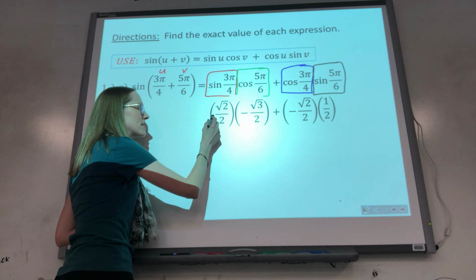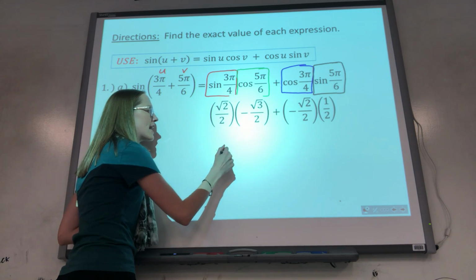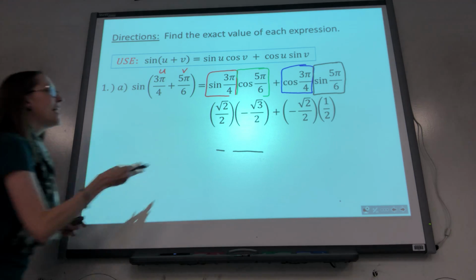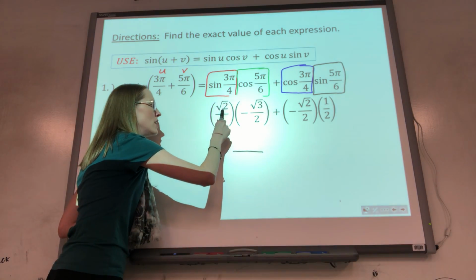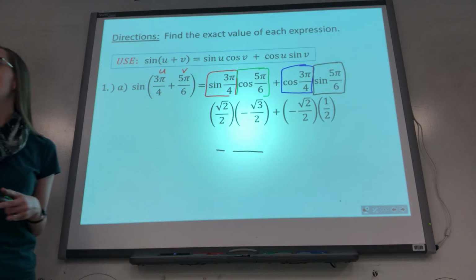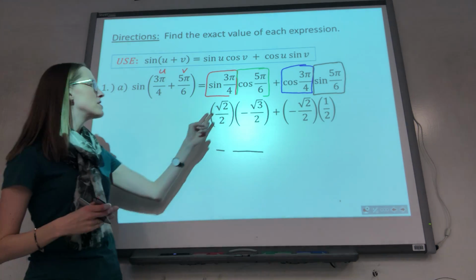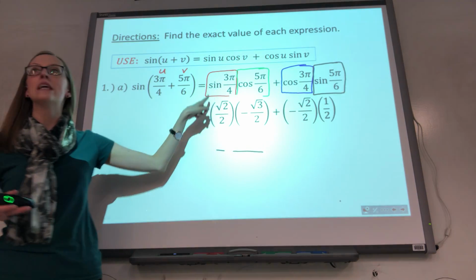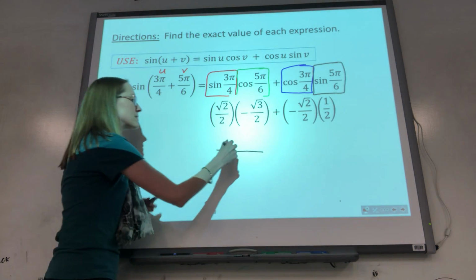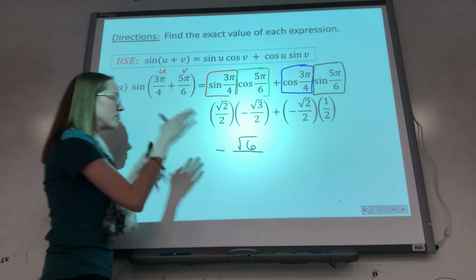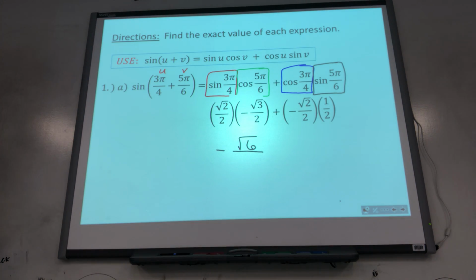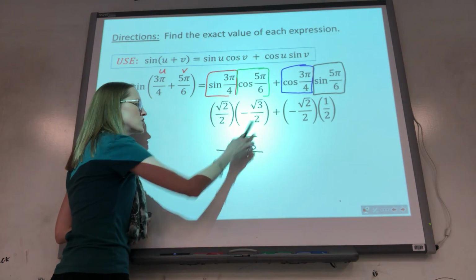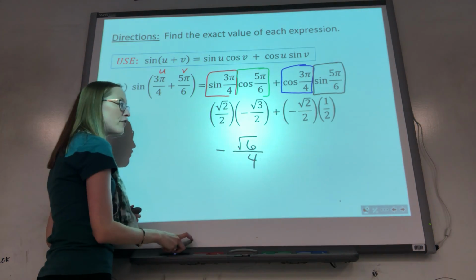So I do notice this is a positive times a negative, which will make a negative. And then square root of 2 times square root of 3. It's been a little while since we've done something like that, but as long as they're the same type of root, you can just multiply together the numbers underneath. That can turn into square root of 6. And then on bottom, 2 times 2 is 4.